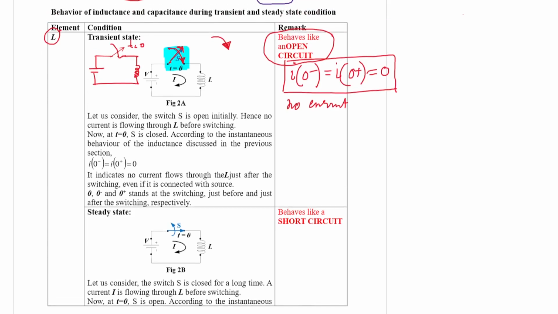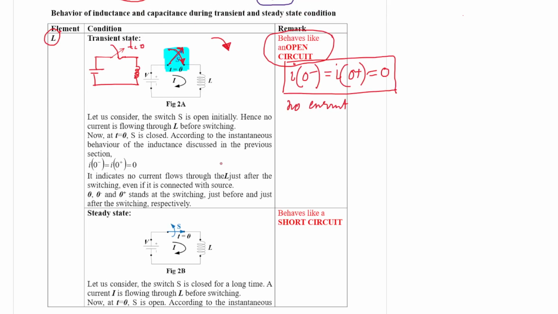Now just consider the reverse phenomenon. The switch has been closed for a long time, and due to the switch being closed, some current I is flowing through the inductor. Now at some different time, we are making another switching operation.